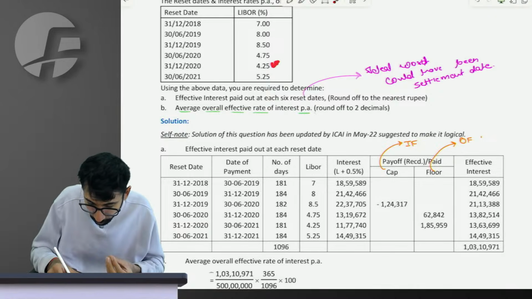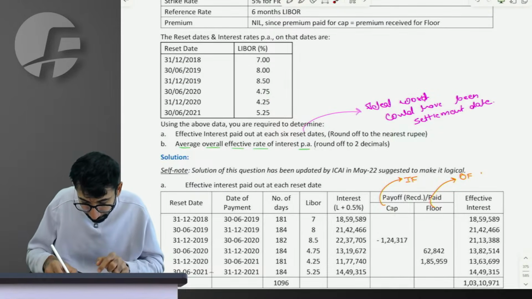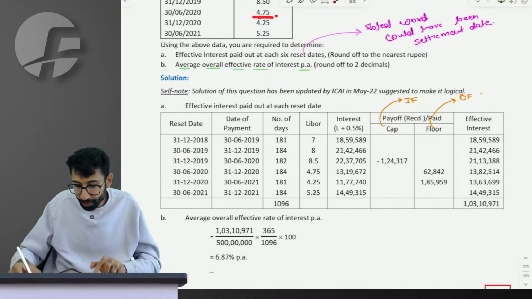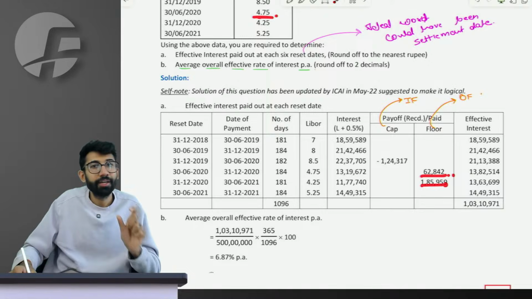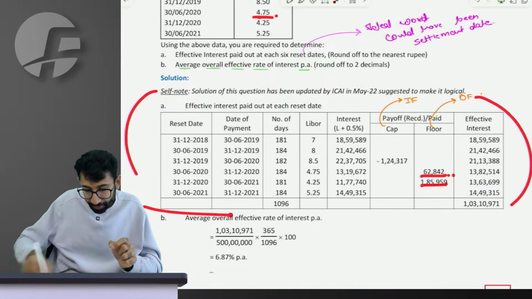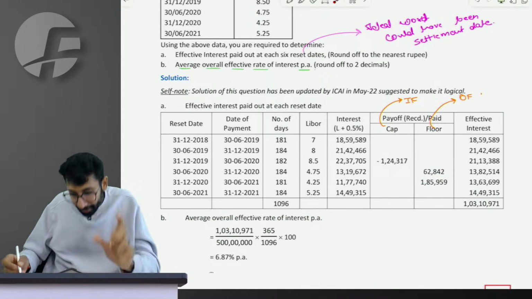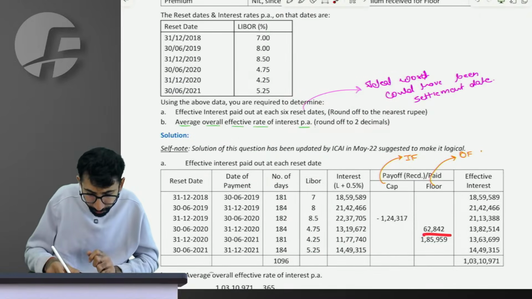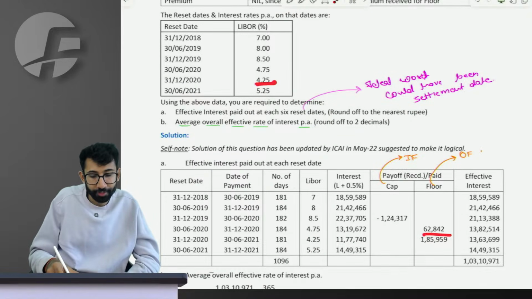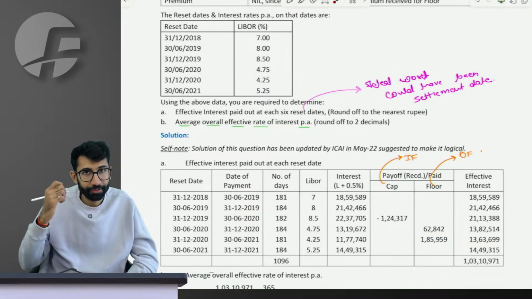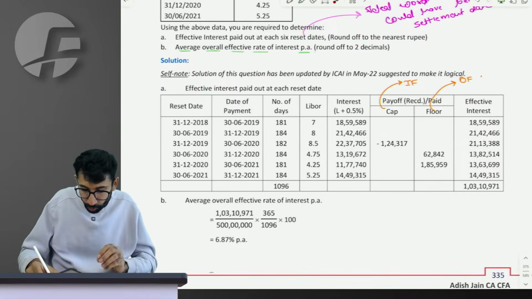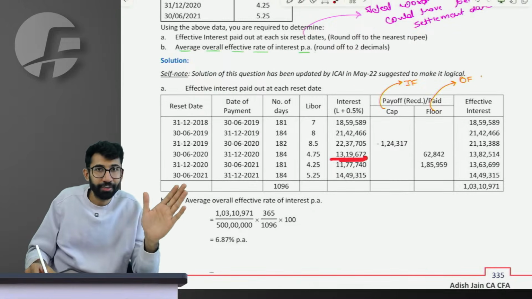Similarly, you will also exercise the floor here, right? How is the floor exercised? You will be able to think it through on your own. Let me once tell you how the floor gets exercised. The rate in the market is 4.75. You pay 4.75 plus 0.5 in the spot market, fine.